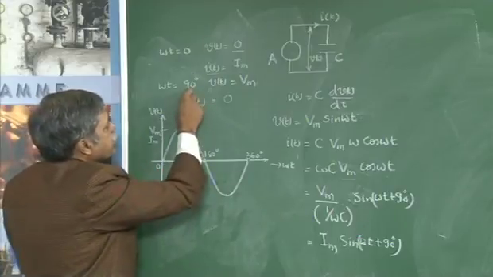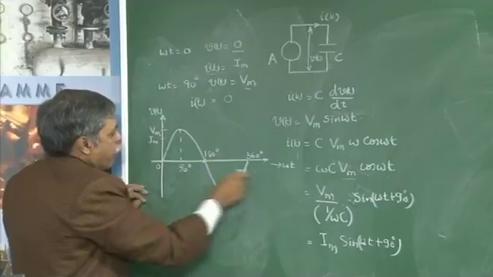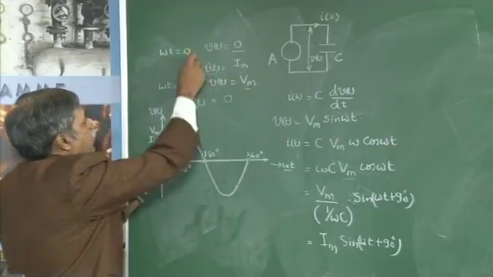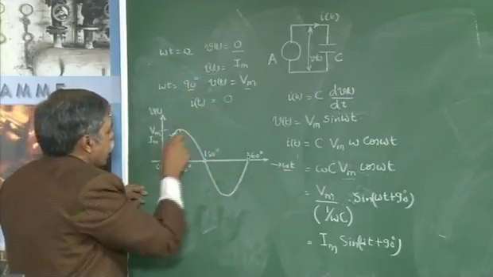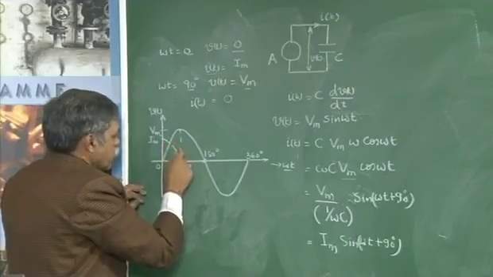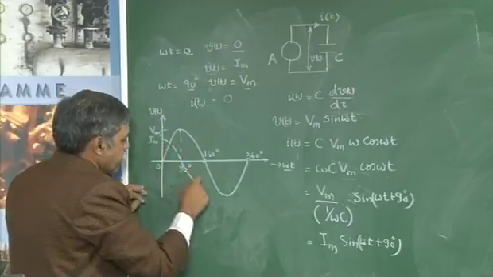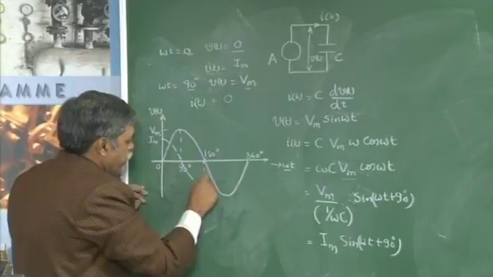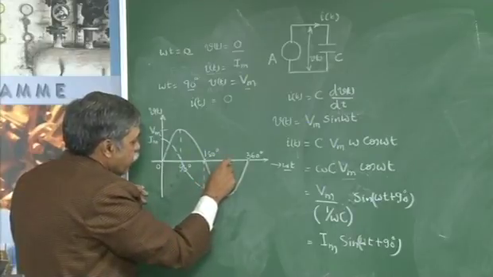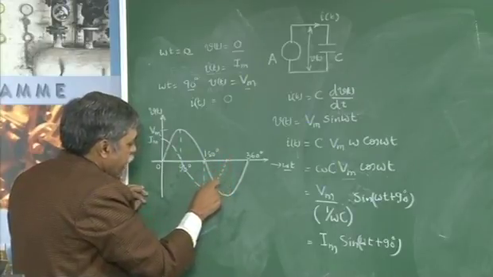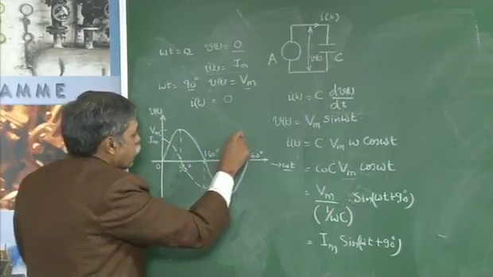When the voltage is reaching maximum, by the time omega t changes from 0 to 90, the current is coming down to 0. So this is my current waveform. Okay. So this phase angle difference of 90 degrees between voltage and current will be there throughout.